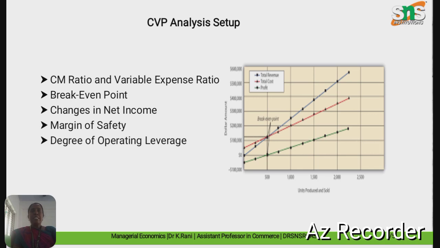Margin of safety. Fourth one, in addition, companies may also want to calculate margin of safety. This is commonly referred to as the company's wiggle room, and shows by how much sales can drop and get till break even. The formula for the margin of safety: margin of safety equals actual sales minus break-even sales.